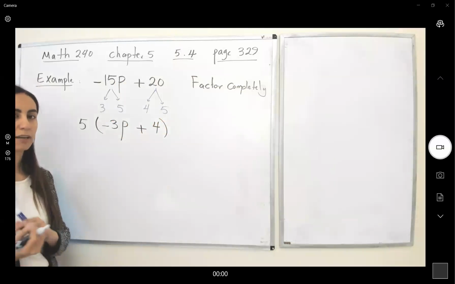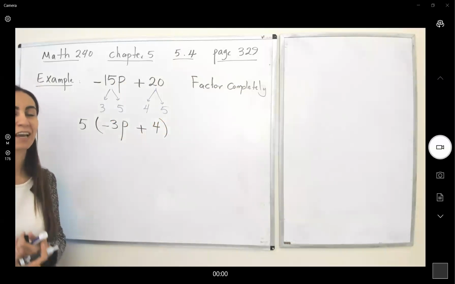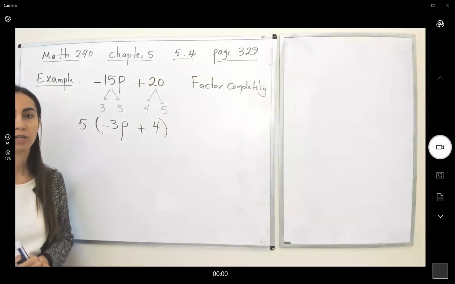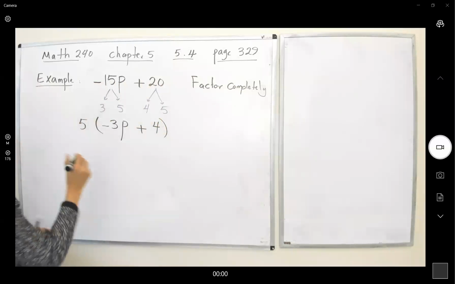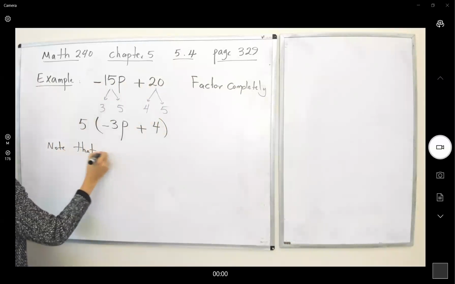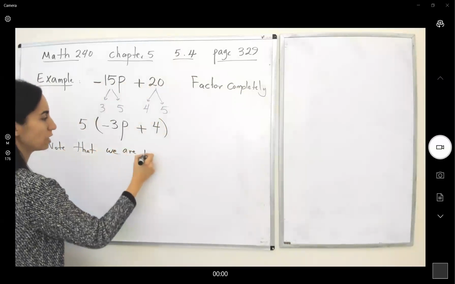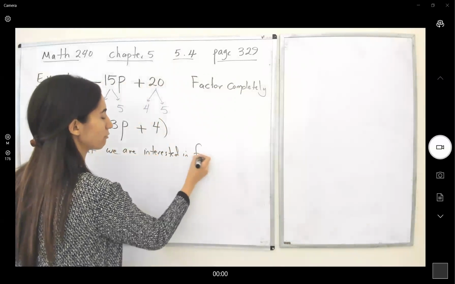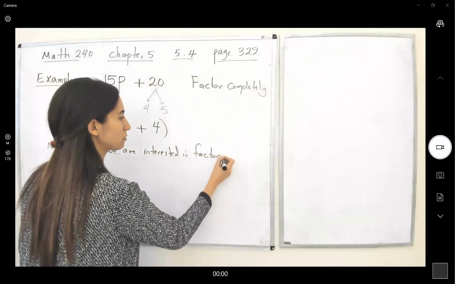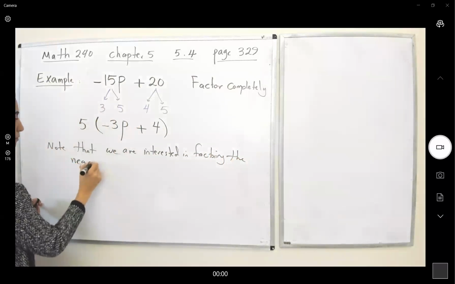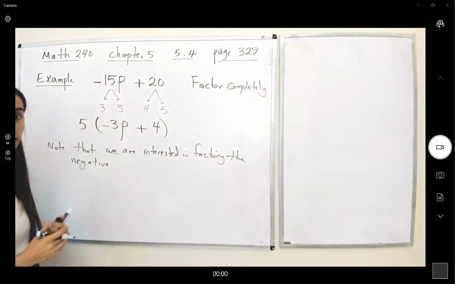Well, another method of factoring this expression is to factor out a negative number. Note that we are interested in factoring the negative number. What do I mean by that?